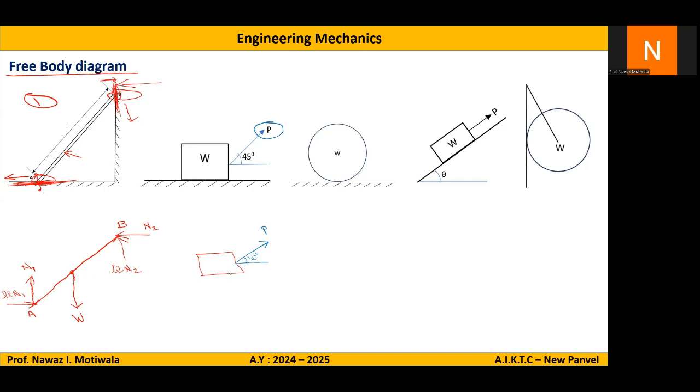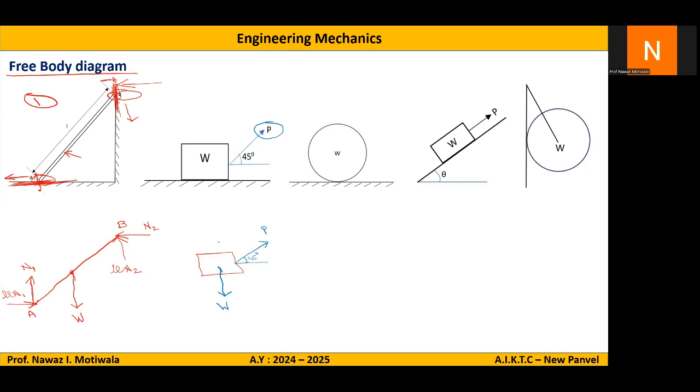The second force which we show in the free body diagram is the self weight. Self weight, as we have discussed, will be vertically downwards at the center. So I will make one force here in the vertically downward direction, and I will name it W because the weight given is W. So the second part is also done.